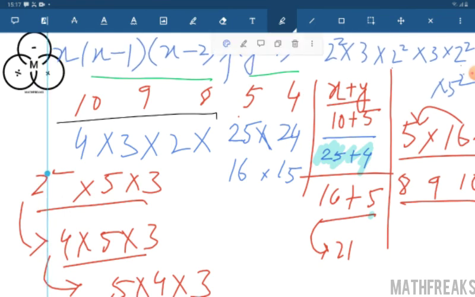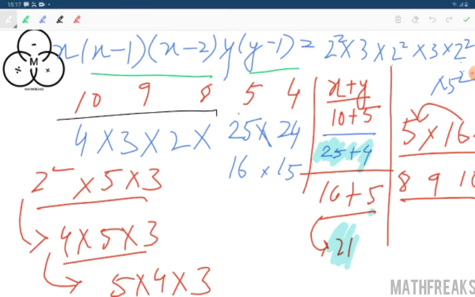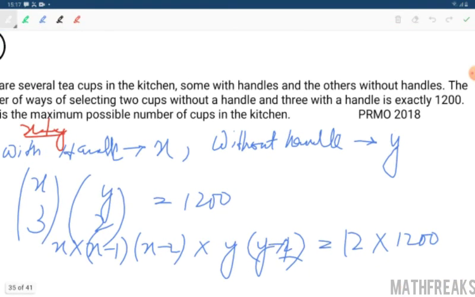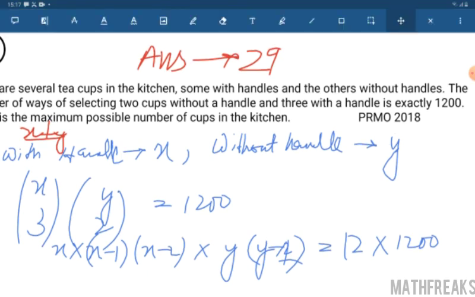This is 21 here. So the maximum value is 29. We can conclude from here that the answer is 29.